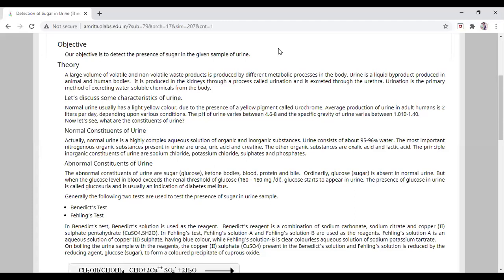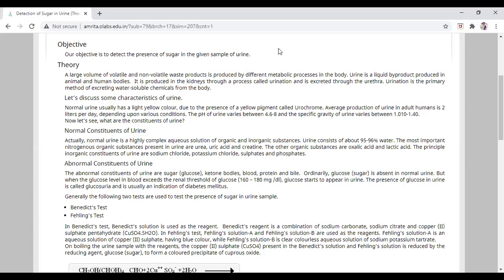Let's discuss some characteristics of urine. Normal urine usually has a light yellow color due to the presence of the yellow pigment urochrome. Average production of urine in an adult human is 2 liters per day, but it is subject to conditions like temperature, the food we are eating, and the amount of water we are drinking.